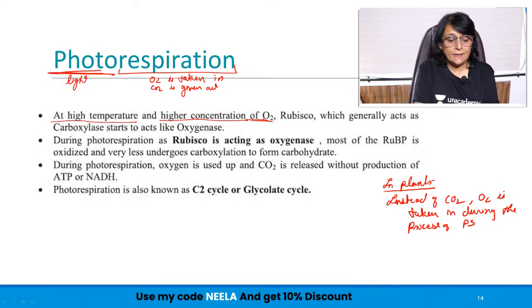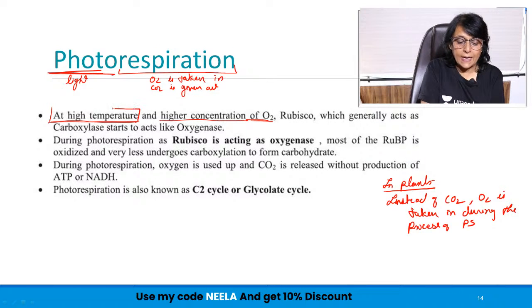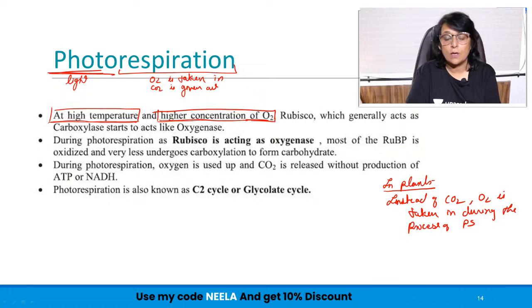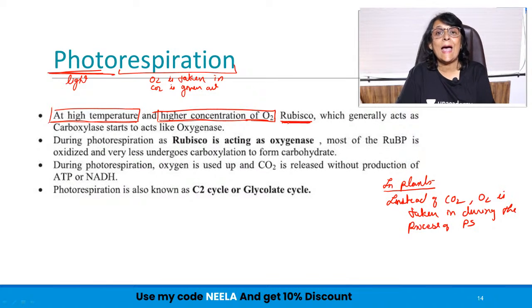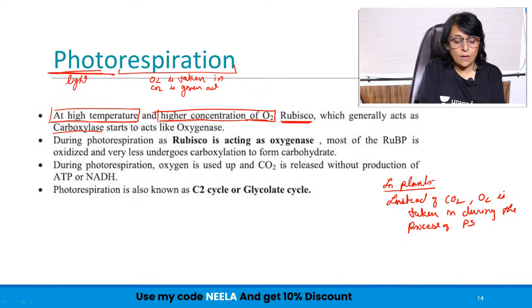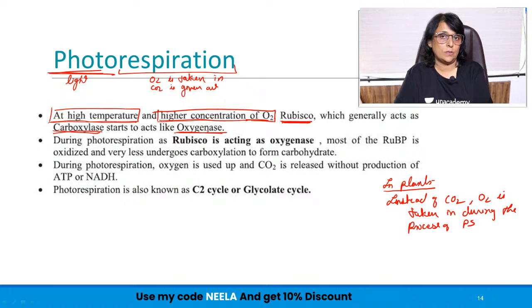If these are the two conditions, high temperature and higher concentration of oxygen, then what happens? Rubisco, the enzyme, which normally acts as carboxylase, where addition of carbon dioxide is what it is helping in, instead starts to act like oxygenase.